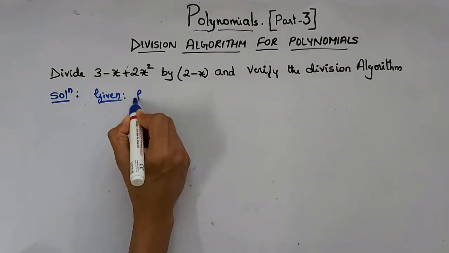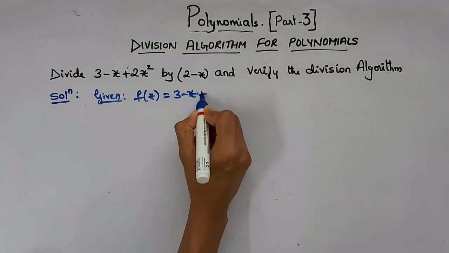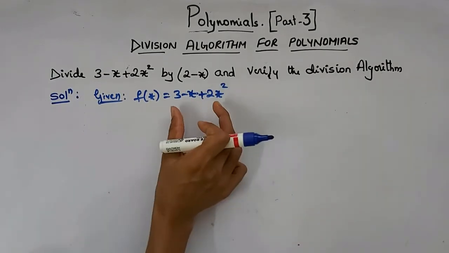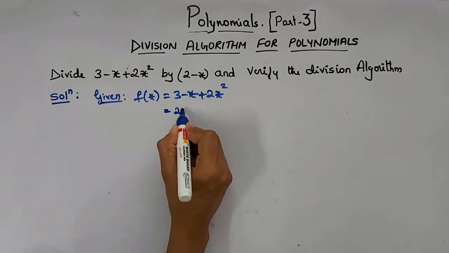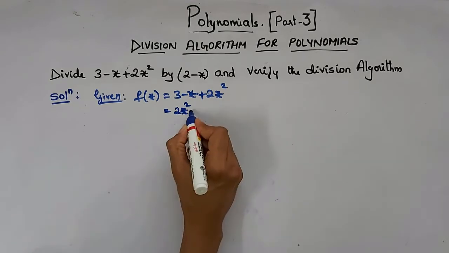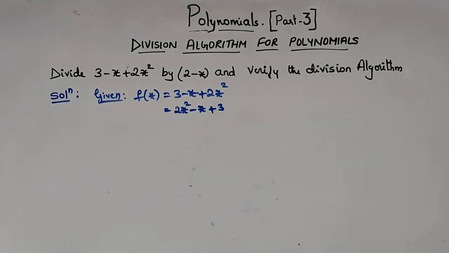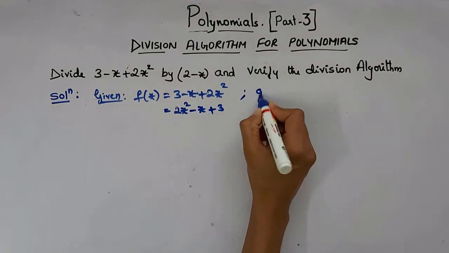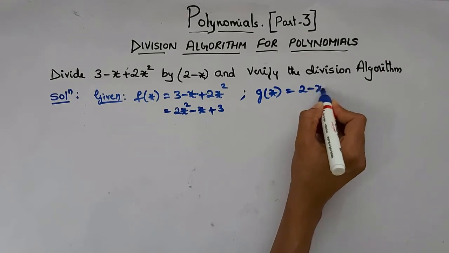So here given is f of x, that is 3 minus x plus 2x square. First you have to write this in the general form, that is in decreasing order of their degree. 2x square will come first, minus x plus 3, right? And g of x is given, which is a divisor, in this case 2 minus x.